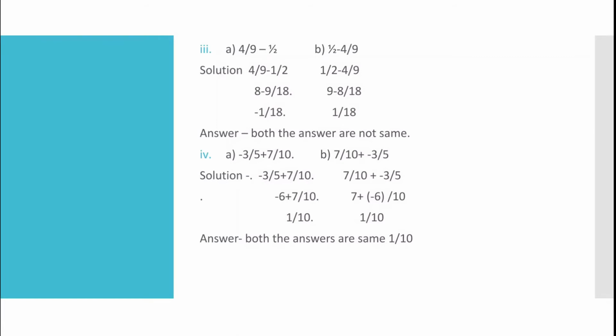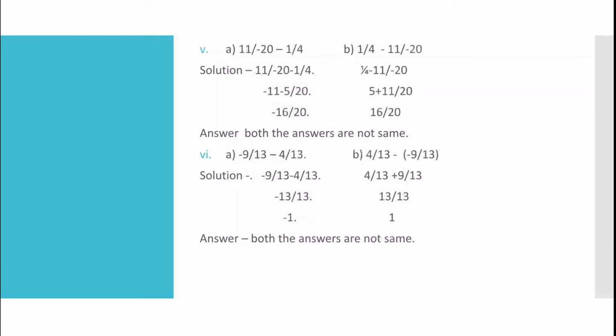Now in the same process you have to solve questions number 4 and 5. Now question number 6, minus 9 by 13 minus 4 by 13. When you solve this one, you don't need to take the LCM because the denominators are the same, 13 is the same. So minus 9 minus 4 is minus 13, minus 13 by 13, you will get minus 1.